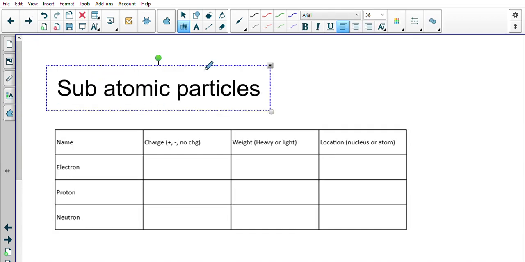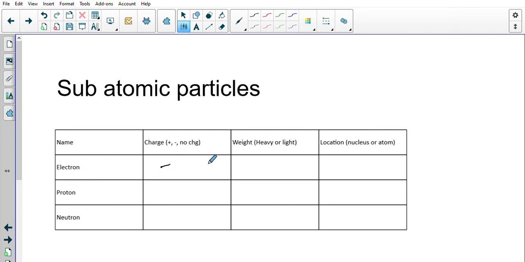All right, so then that brings us into subatomic particles, the electrons, protons, and neutrons, really the order in which they were discovered. So electrons have a negative charge. And what is charge, and where do you get the idea of charge?